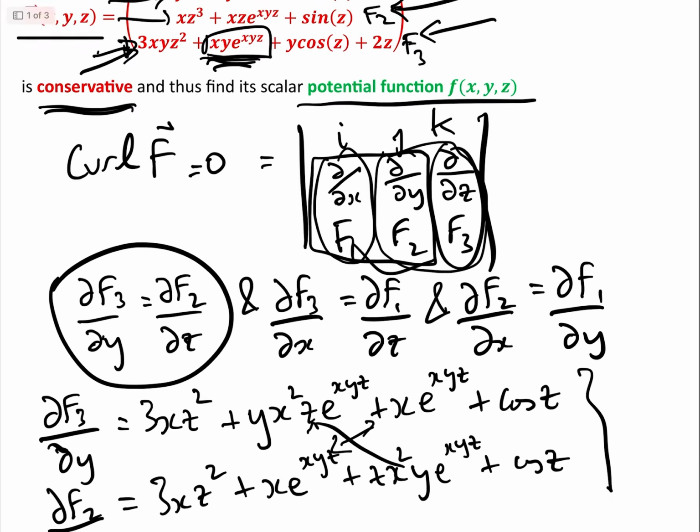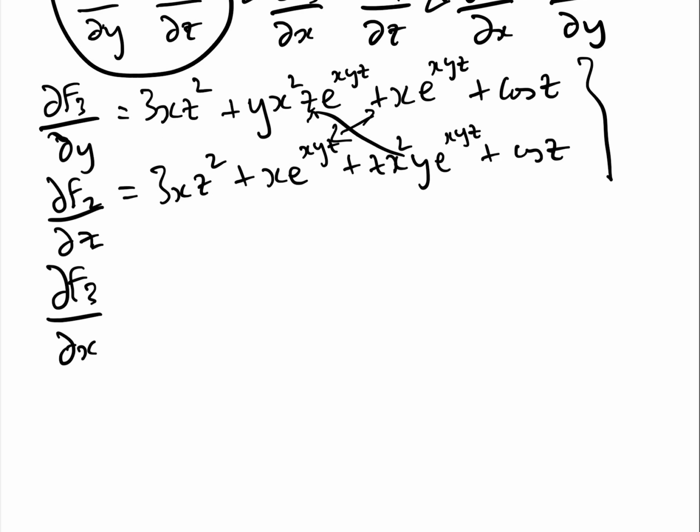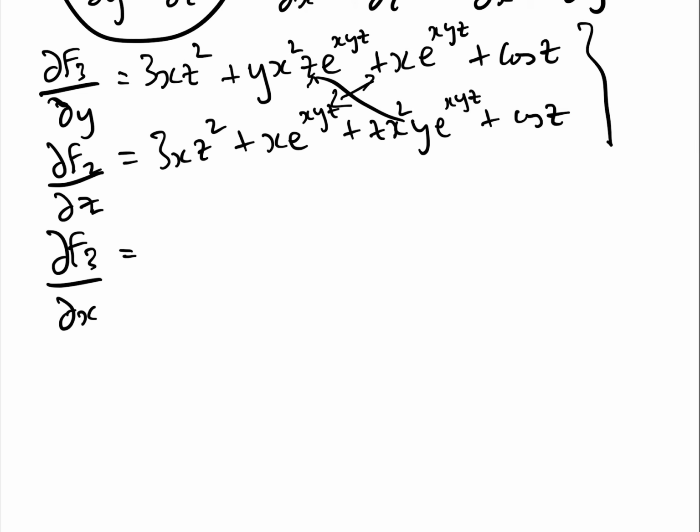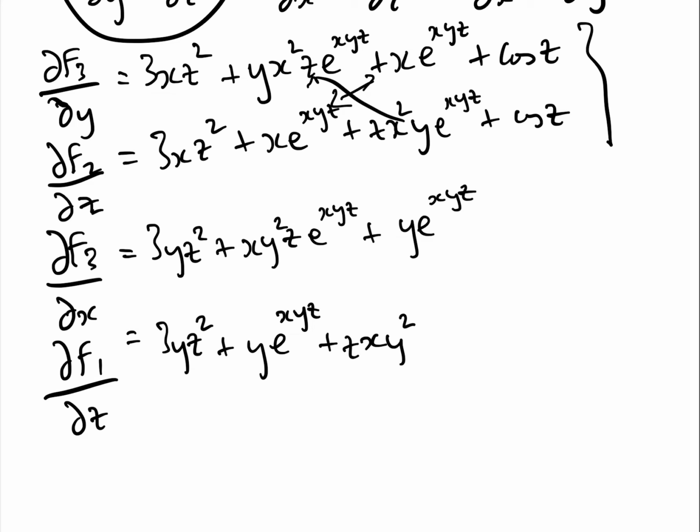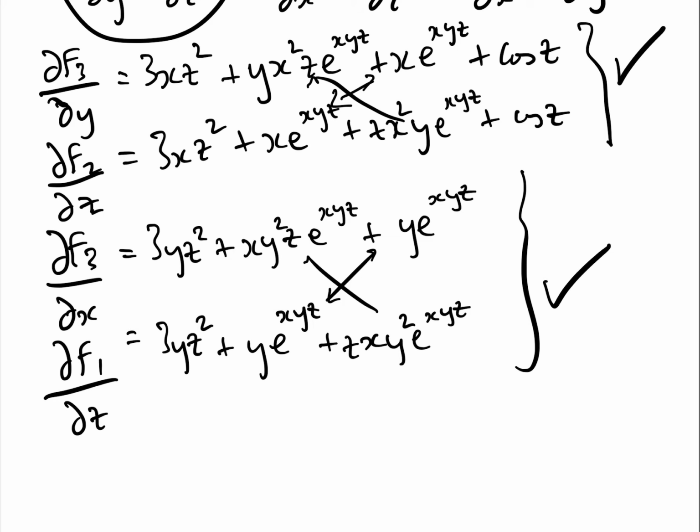So now we are differentiating partially this one with respect to x, so df3/dx is 3yz squared plus xy squared z e to the xyz plus y e to the xyz, and then we have to differentiate partially f1 with respect to z, and that equals 3yz squared plus y e to the xyz plus zxy squared e to the xyz, and we can see again that these are identical, so they are the same.